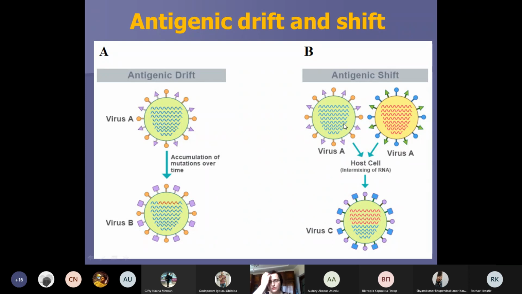In particular, reassortment is very common in avian influenza viruses, creating a large diversity of influenza viruses in birds, but is uncommon in human, equine, and canine lineages. Pigs, bats, and quails have receptors for both mammalian and avian influenza A viruses, so they are potential mixing vessels for reassortment. Remember, pigs, bats.